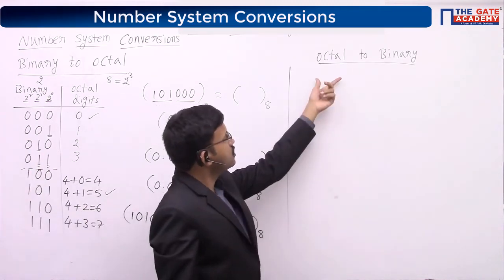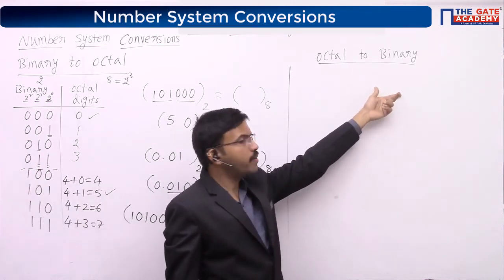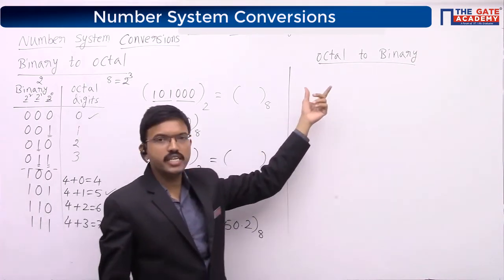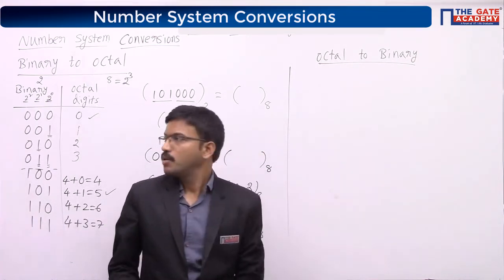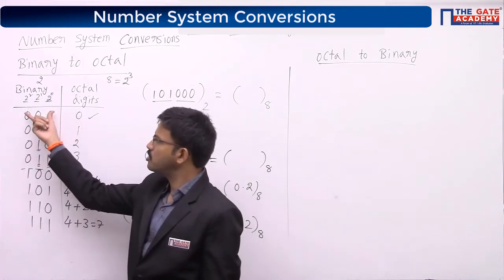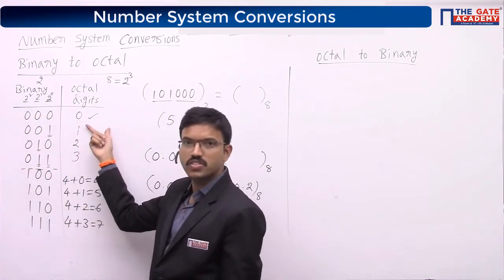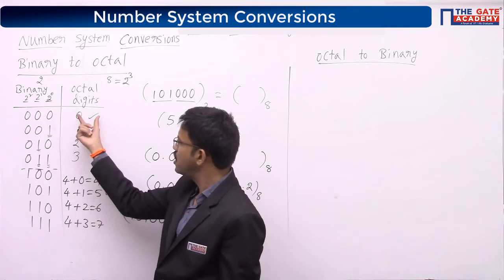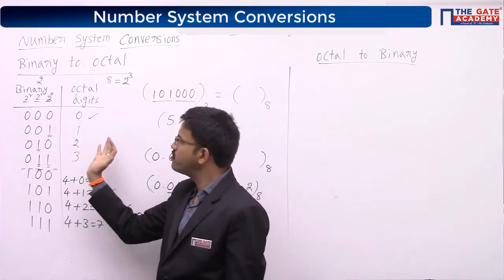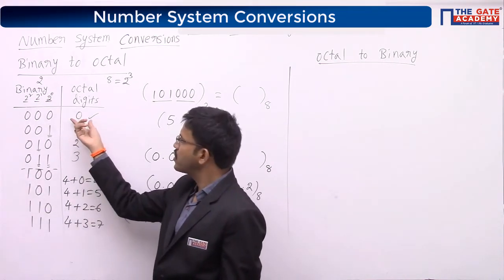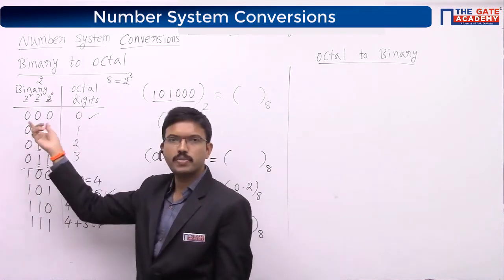We can convert the octal number into the corresponding binary number by representing each octal digit with 3 bits. Previously, in the forward direction, by grouping 3 bits we got the octal digits. Now we are doing the reverse process. That means we have the octal digits, and now we want to represent them in binary. So each octal digit we have to represent with 3 bits.